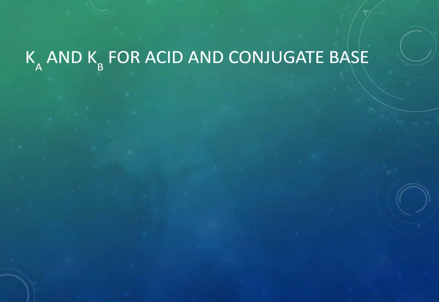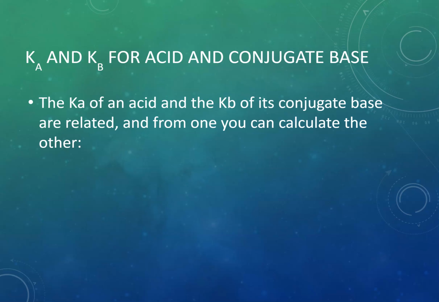So like I said, acids and conjugate bases go together. And so the Ka for an acid and the Kb for the conjugate base of that acid are related. And we can look at them in this way, where the Ka times the Kb is equal to the Kw, which, if you'll recall from level 2, Kw is the dissociation of water, and at 25 degrees C and 1 atmosphere of pressure, that number is equal to 1 times 10 to the minus 14.